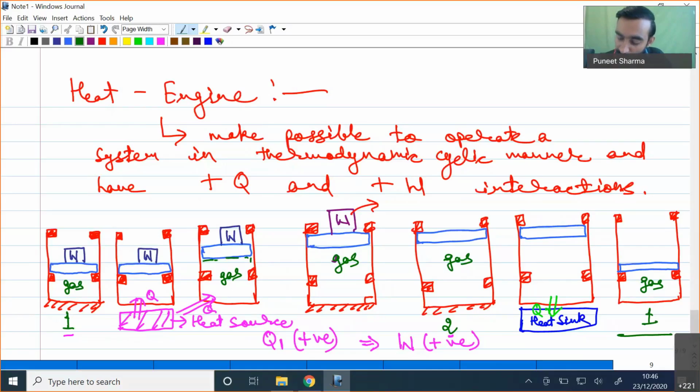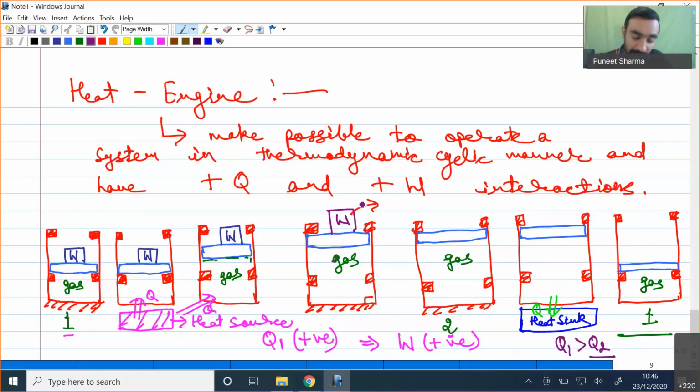Okay, so now in this heat rejection process, let me say that Q2 amount of heat has been rejected. You will find that the amount of heat which we have rejected over here, Q2, will be less in comparison to the amount of heat which we added during the expansion process. Why? Because during the expansion process, we were raising a certain amount of weight also.